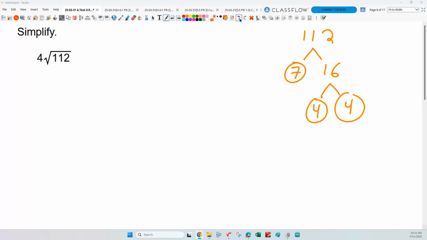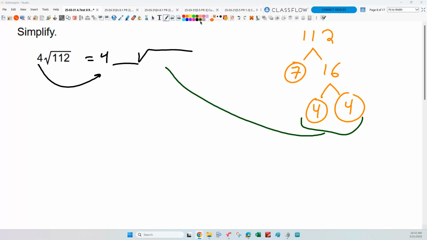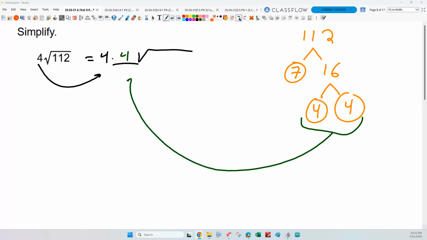Okay, this is going to be easy then, right? So we already have a 4 outside. Anything else go outside? 4. There you go. I'm going to multiply by another 4 outside.